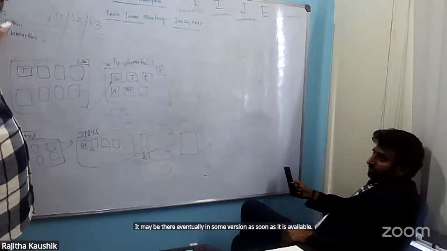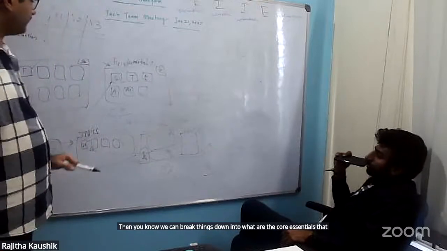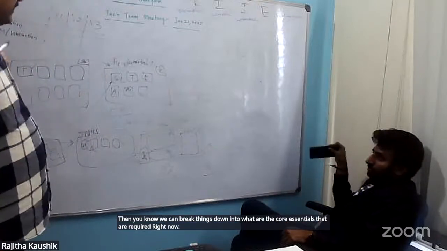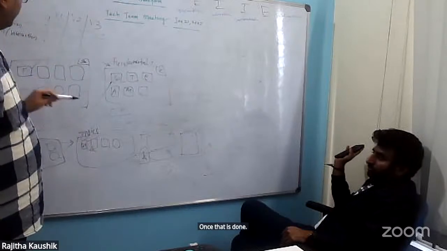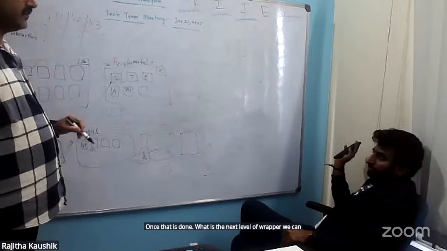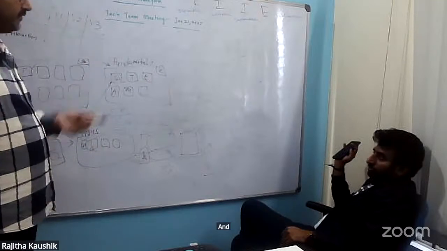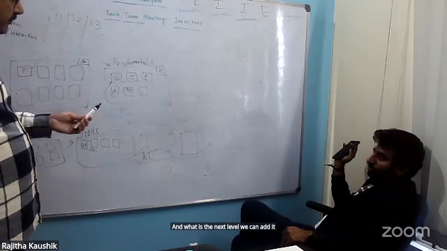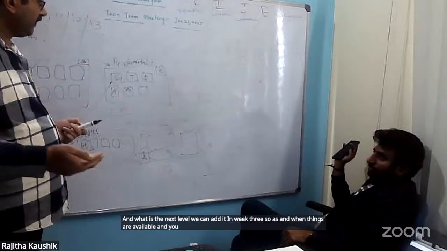Then we can break things down into the core essentials that are required right now, even if AI is there or not. Once that is done, we can add the next level of wrapper to the system which will enhance it in V2, and the next level in V3. So as and when things are available and feasible, we can quickly bake them in.